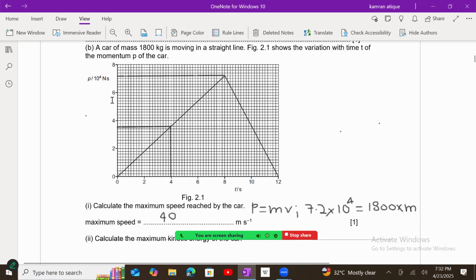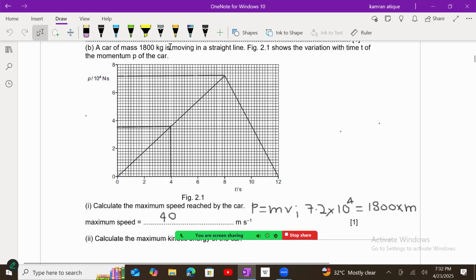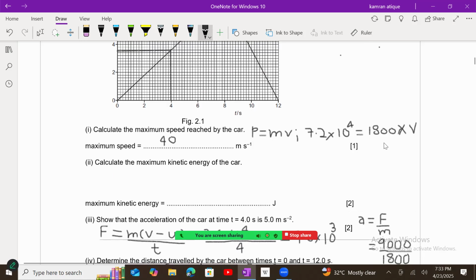Speed of the moving object can be obtained by using the maximum value of the momentum. So the maximum value of speed will be equal to 40 meter per second. After that, the next part is calculate the maximum kinetic energy of the car.